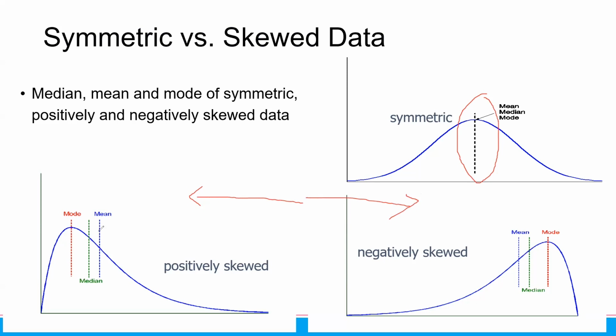In the positive skew, the data is shifted to the left. So we have a lot of data with smaller values, for example. But in the negative skew, we have more data with higher values. Okay, so we have positive and negative skew.